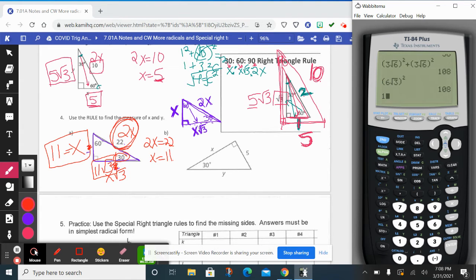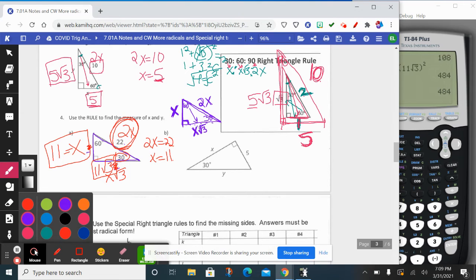So if I were typing in 11 squared plus 11 radical 3, I forgot my parenthesis, plus 11 square roots of 3 squared, that's going to equal 22 squared, 484, right?